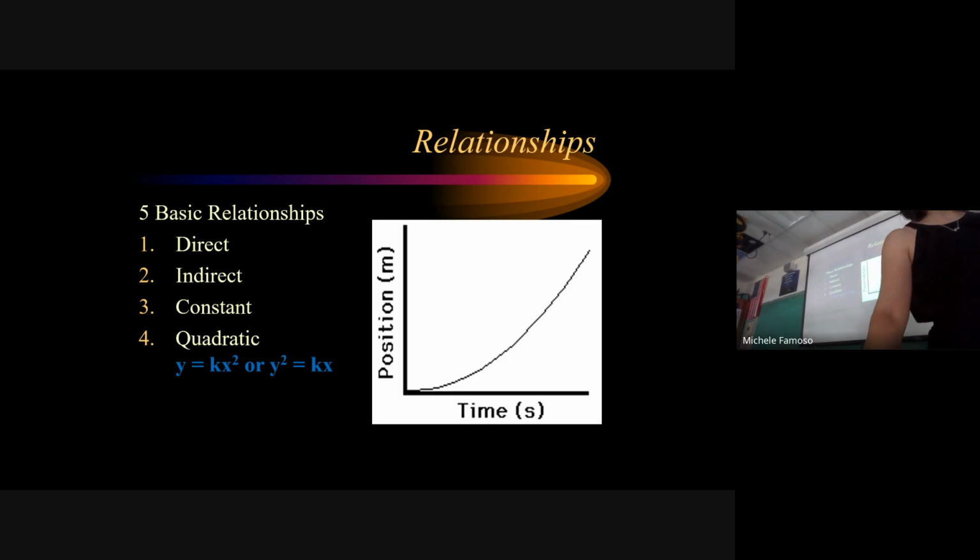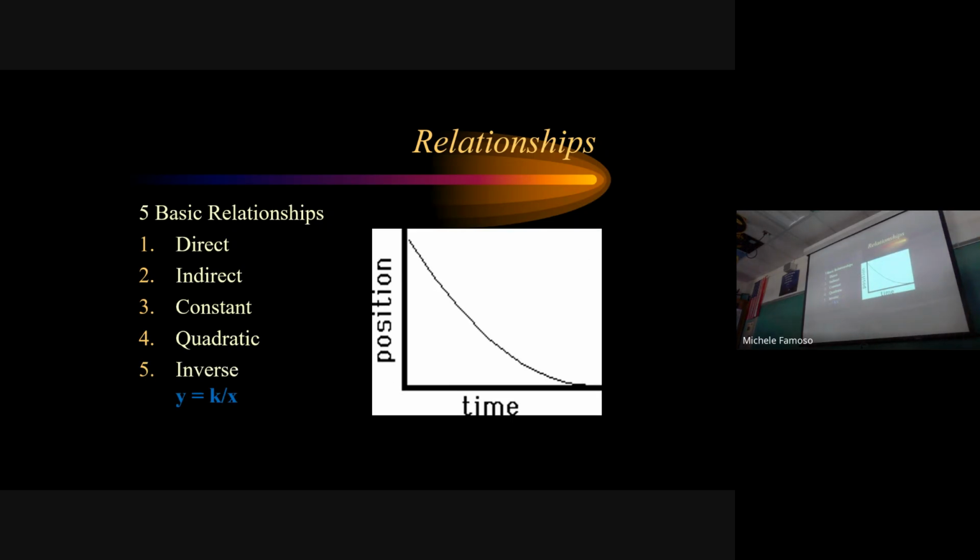You ready for the last one? That goes with the hyperbola. If you have a hyperbola, you have what's called an inverse relationship between the variables. Pretty much any graph where one thing is going up and the other one is coming down is said to be an inverse relationship.